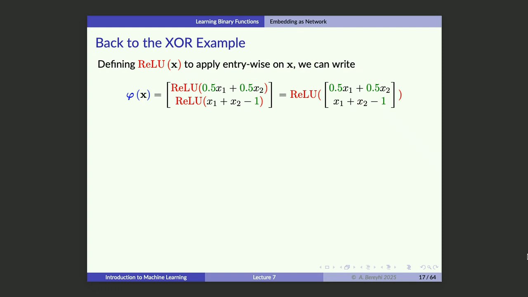Half times this one plus, what should be here? 0. What about the second line? Here is 1, here is 1, so I put 1 times x1 plus x2. And what should I put here? Minus 1, right? So what is inside ReLU is a linear transform. That's fine, but ReLU is operating on that, making it nonlinear. So you can open it up exactly like what I did on the board.